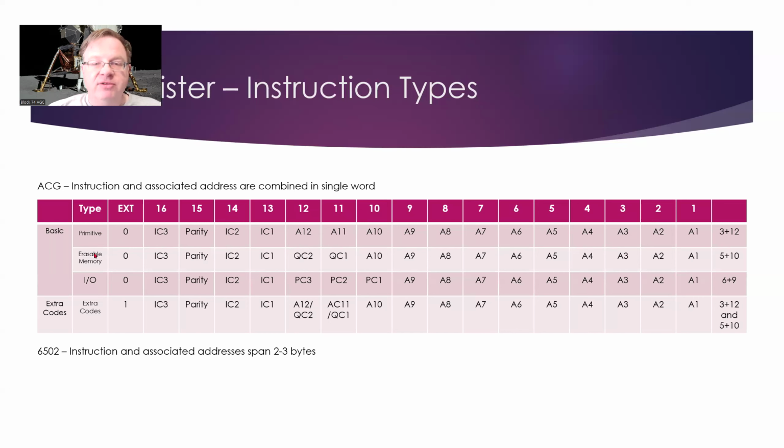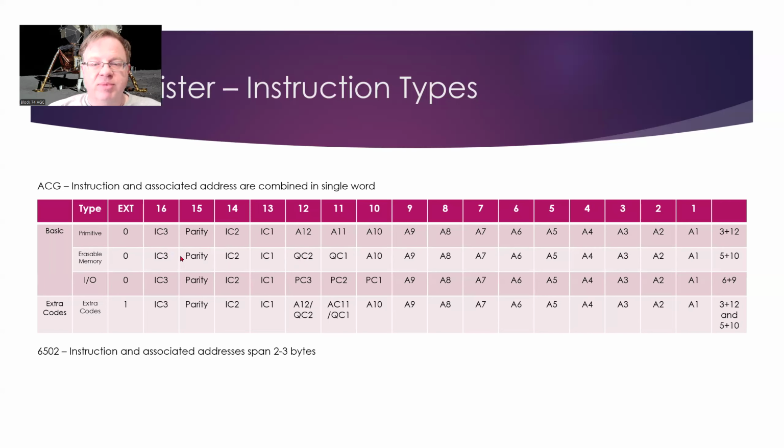Now, for erasable memory, or instructions that are designed to only affect addressable memory, there's a slightly different encoding scheme that's also known as the quarter codes, where they've added 2 additional bits of instruction code.